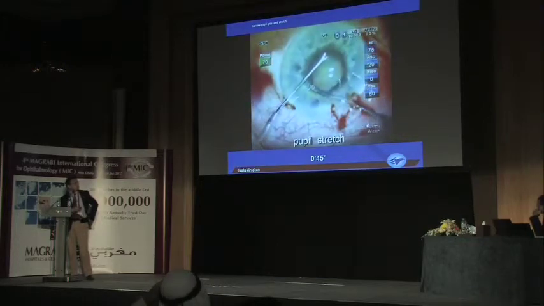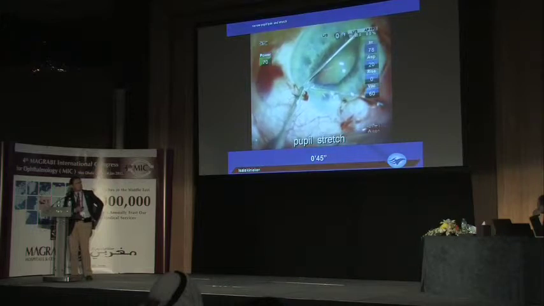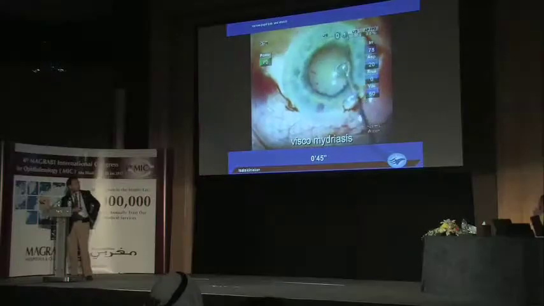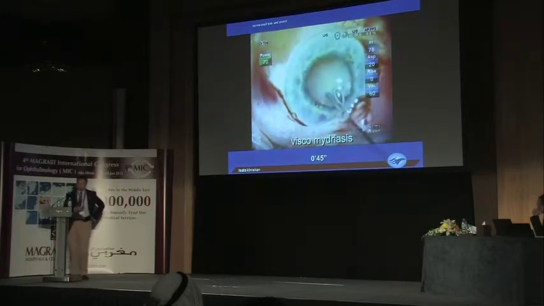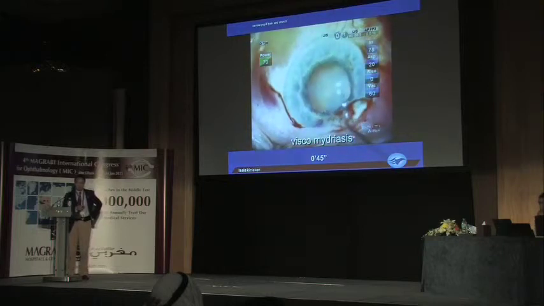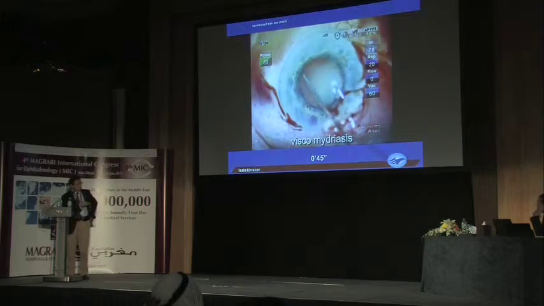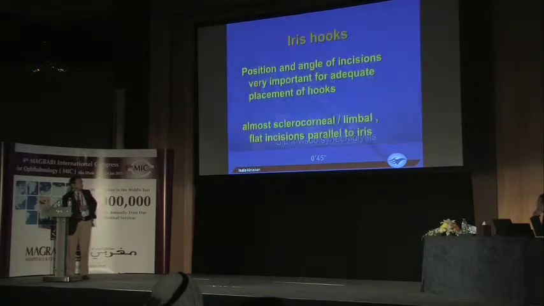And then, very simple, very cheap solution, and you obtain a stable 5 millimeter pupil and round with viscoelastic, as you see, viscohydrisis.